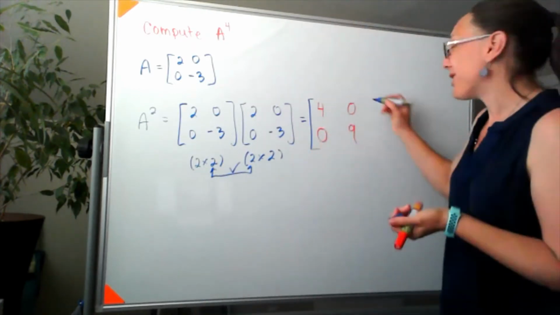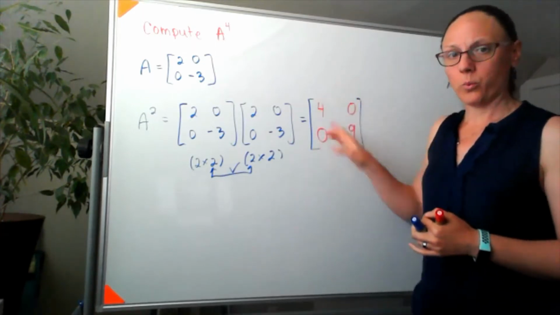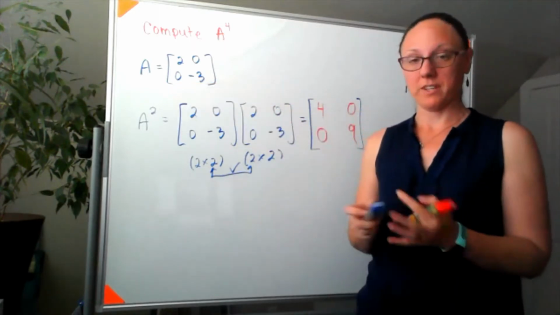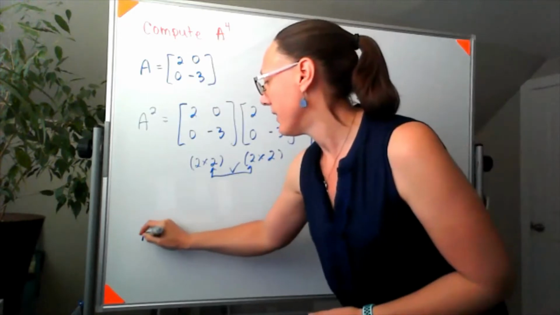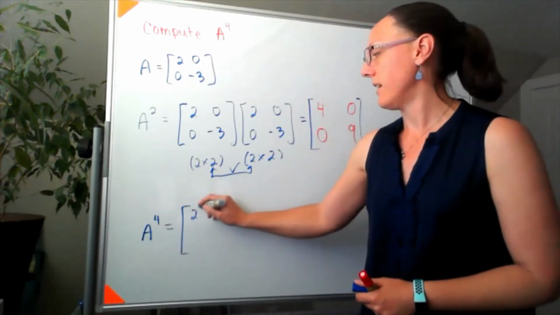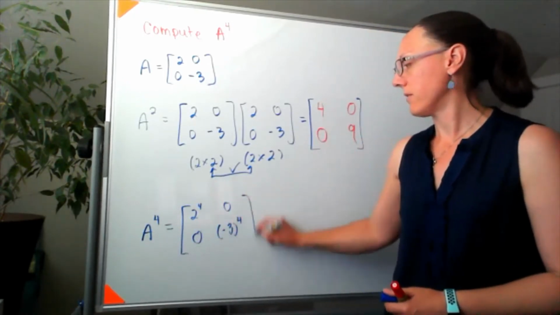And then you could repeat 2 more times. But like I said, we know that this is A squared. We know that A was diagonal, which means we can jump straight to the answer to say A to the fourth, because it's a diagonal matrix, is 2 to the fourth, 0, 0, negative 3 to the fourth.